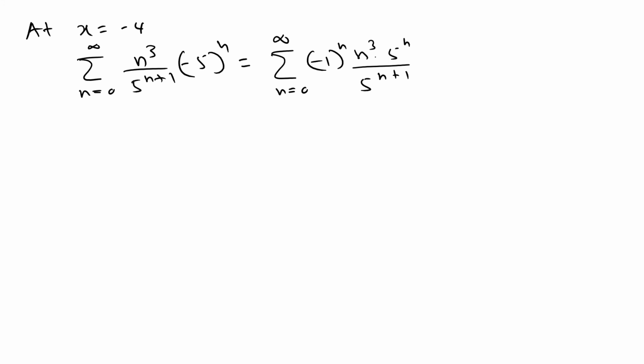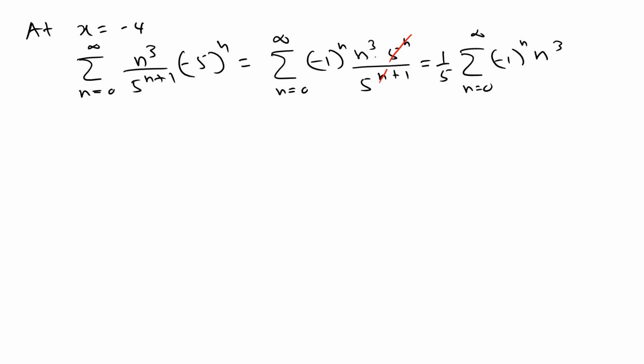Now you can see the 5n gets cancelled, so you simply get the sum from 0 to infinity. Actually you can pull the 1/5 out, so you have (-1)^n and n cubed.